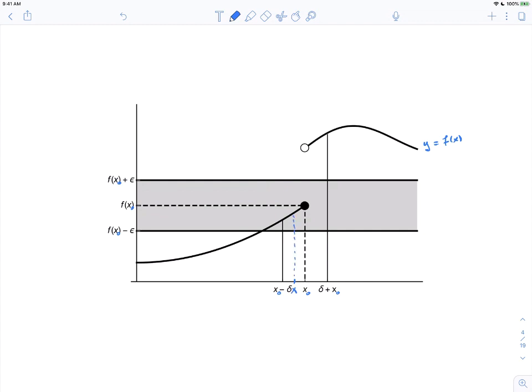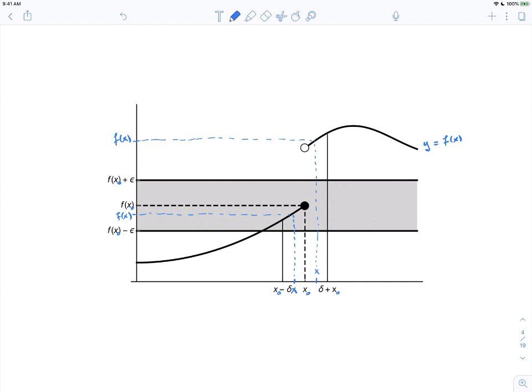If I pick an x within delta of x naught on the left, then the output value is within the epsilon band. However, if I pick an x to the right of x naught, and it doesn't matter how close I am to x naught, then the output is always too large. It's outside the epsilon band.